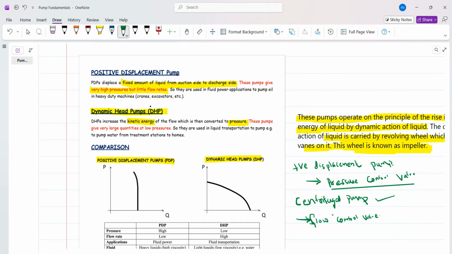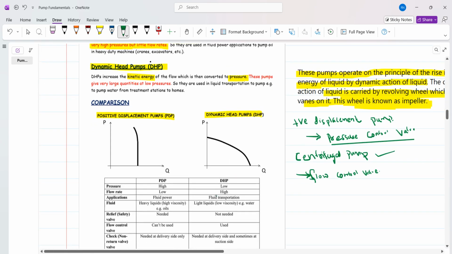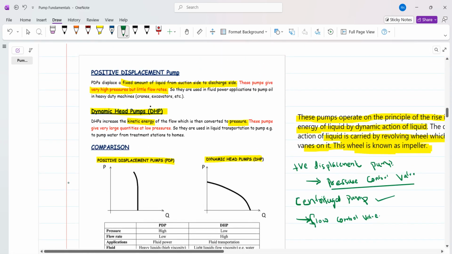Positive displacement pumps are designed for high head pressure due to the low volume, right?